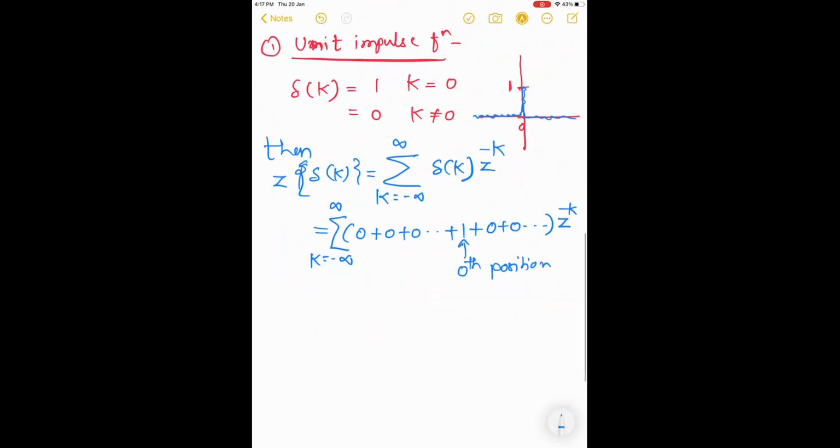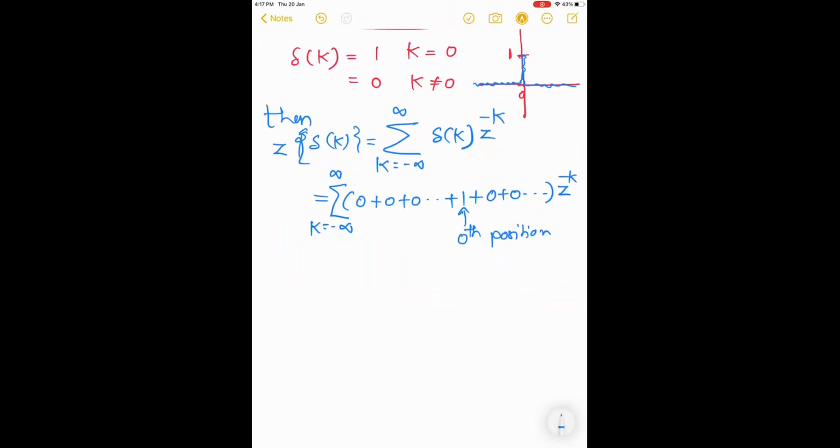K equal to 0. And therefore, the z transform of delta k is equal to, what do you get? Z to the power minus k, but k you are putting 0, so z to the power 0 is 1.